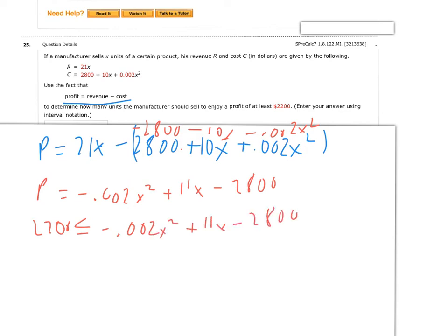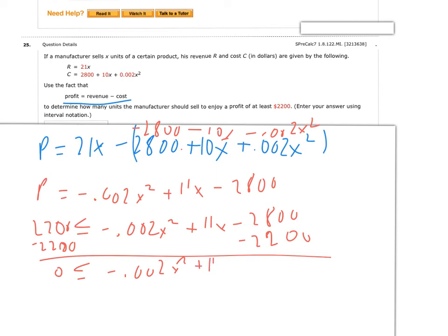All right. And then we'll move this over, get that side to 0. All right, now I really don't like that 0.002, so I'm actually going to divide everything by negative 0.002. Get rid of that.